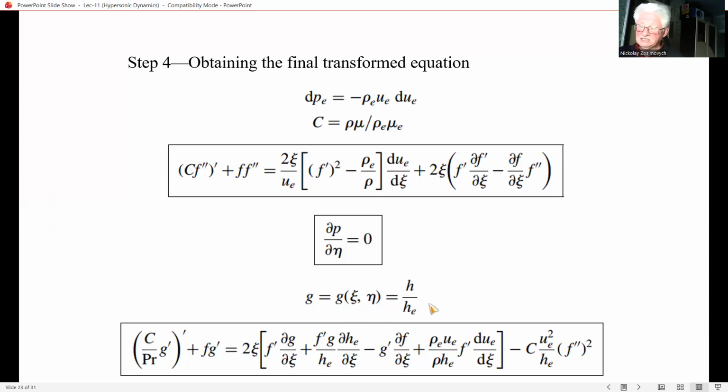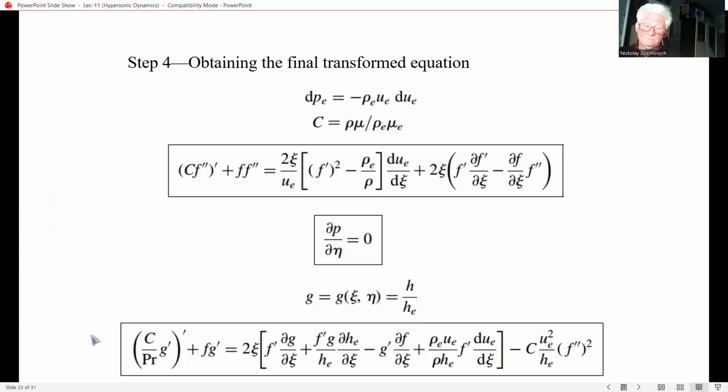Here, H sub E is the static enthalpy at the boundary layer edge. And utilizing the same transformation, we obtain the equation on the board.